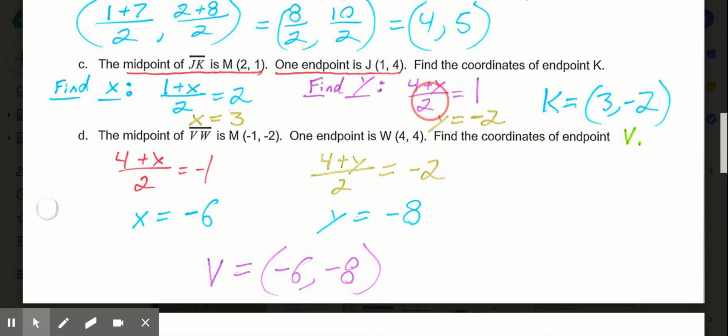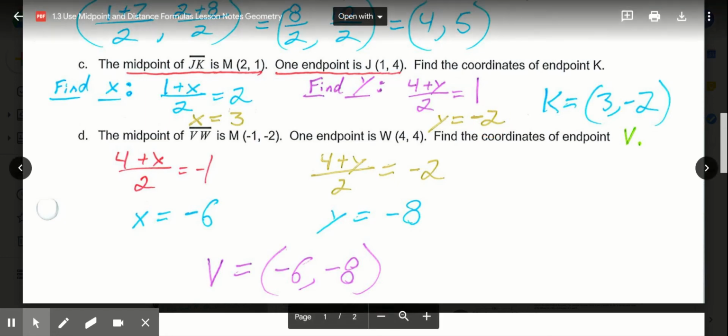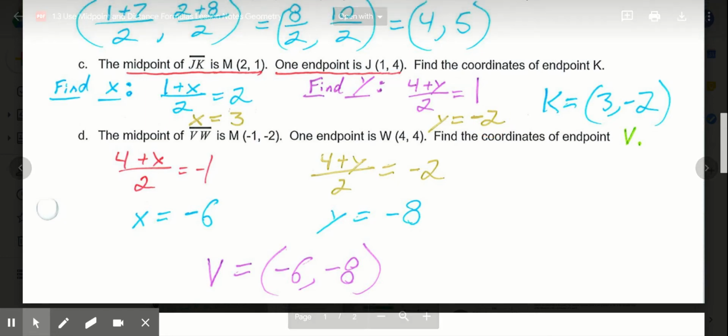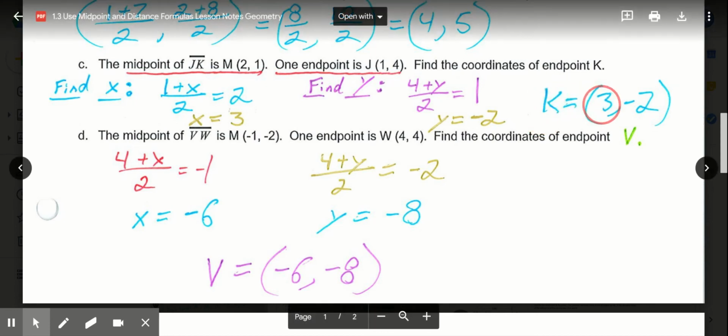So then we'd have 4 plus y equals 2. Subtract 4, 2 minus 4 gives us y being -2. So then our x was 3, y was -2. So in that case, our other endpoint K would be at the coordinates of 3, -2.